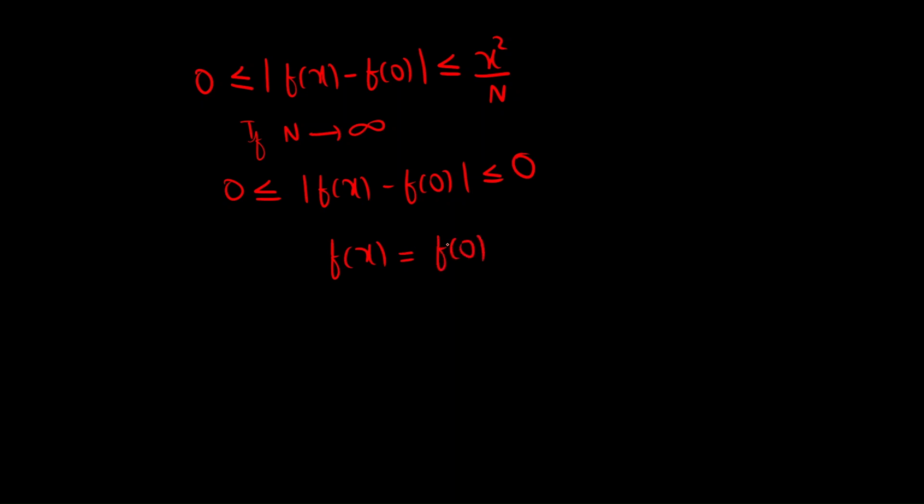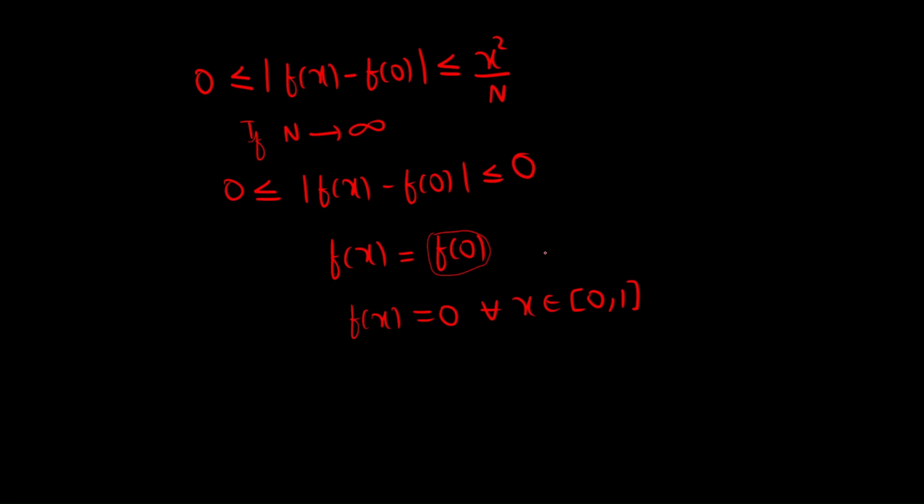If we weren't given that f of 0 is equal to 0, our answer would be that f of x is a constant function. But since we are given f of 0 is 0, we can say that f of x is equal to 0 for all x belonging to 0 comma 1.